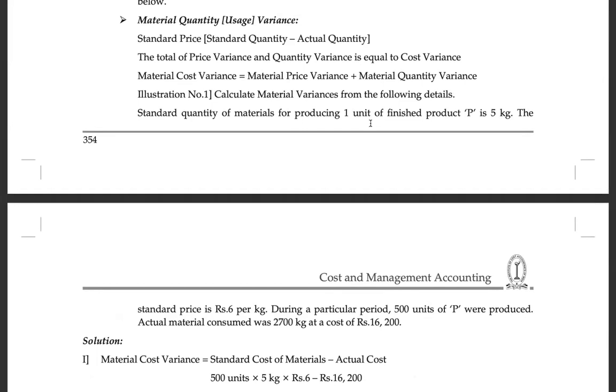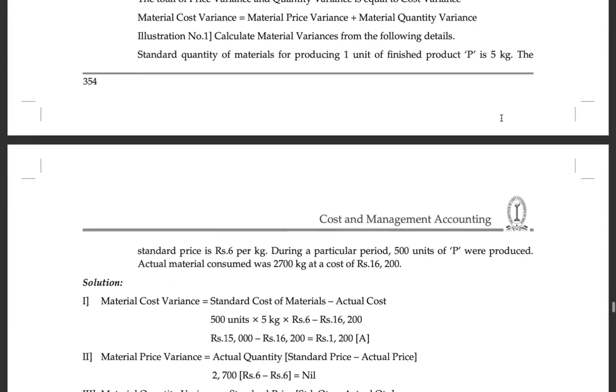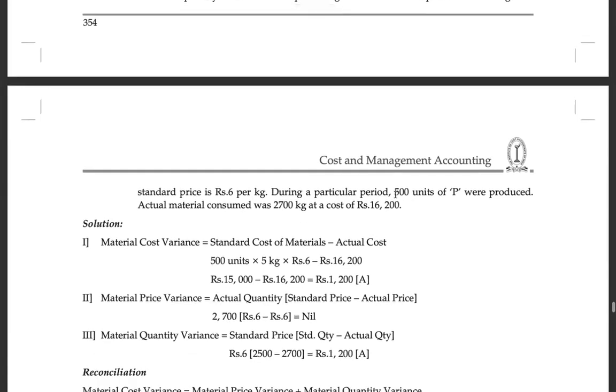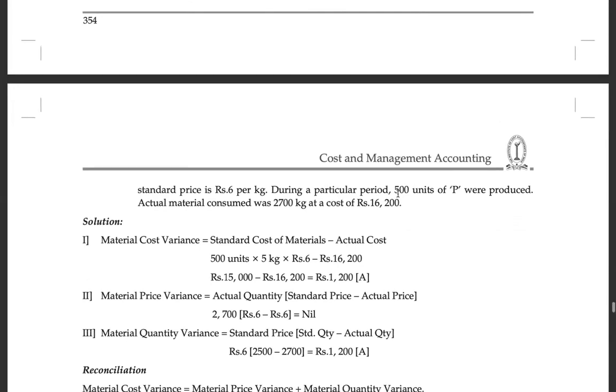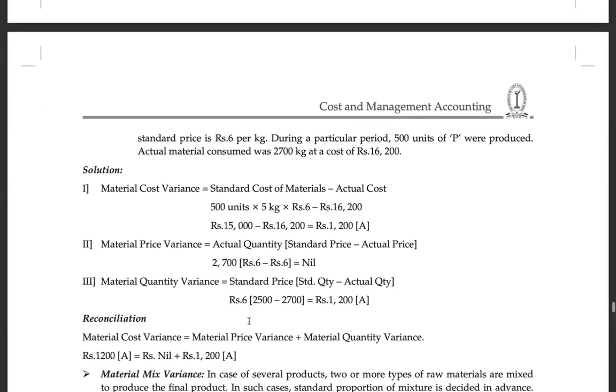To produce 1 unit, you need to spend 5 kilograms. How many units are you producing? 500 units. So 500 into 5, 2,500 is the standard quantity used, minus actual material consumed, 2,700.